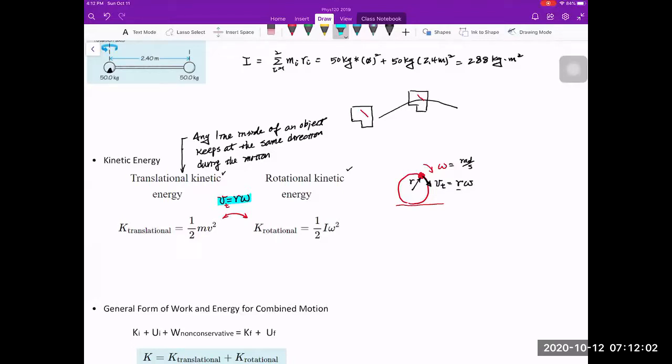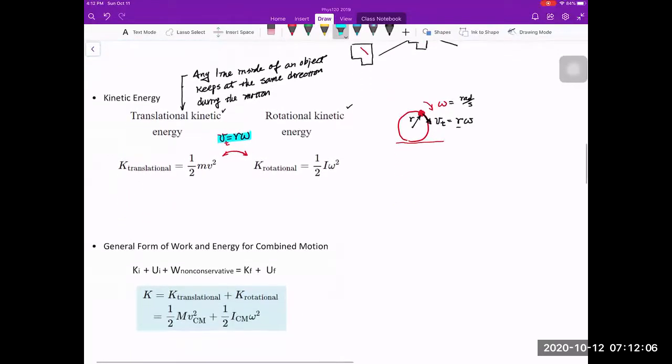Now I'm going to derive why you can write I omega squared. We're going to start from this one here. So 1/2 m v squared. Well, what is the velocity?